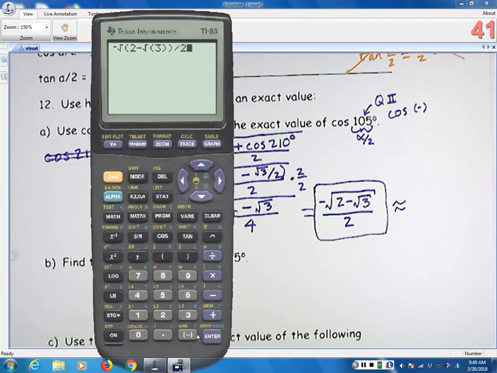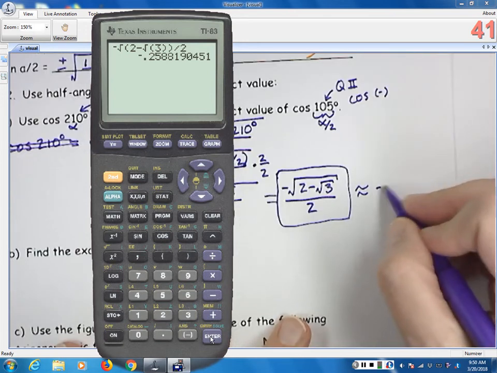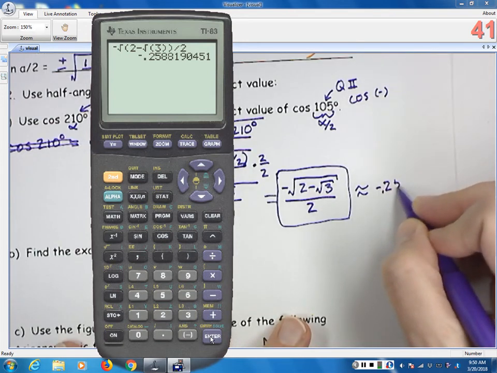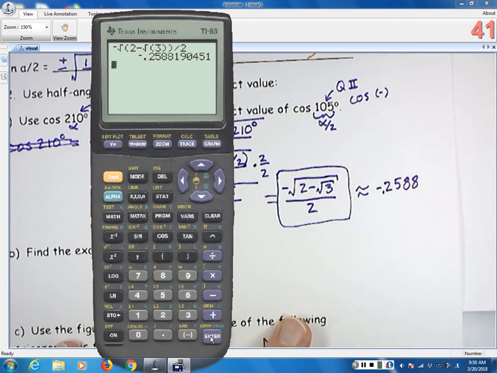Divided by 2. Did I do it wrong? Let's see if I did the parentheses. Oh no, that's right. I was looking at the next one. Okay, negative 0.2588, 4 places.